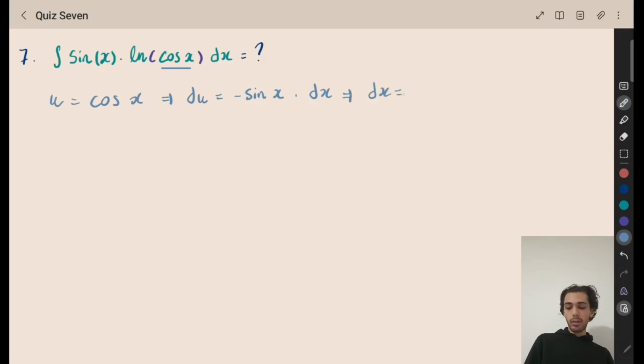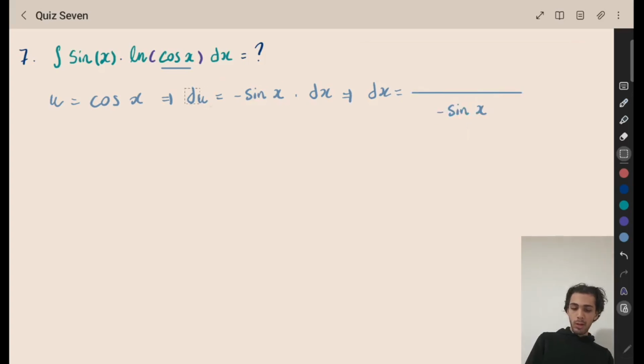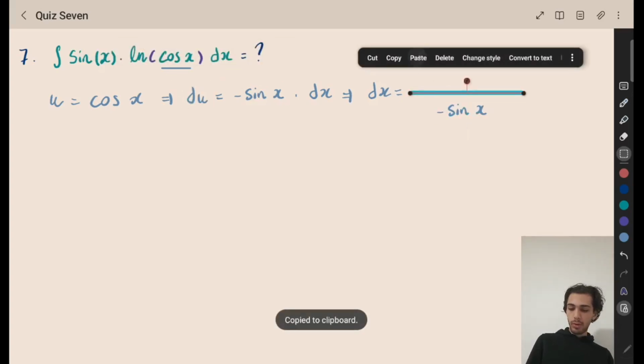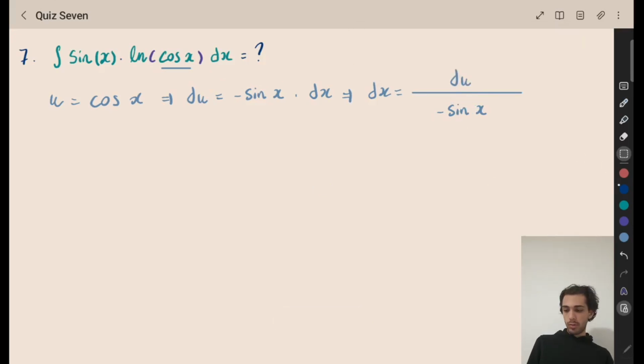So if we would like to replace dx in our integral, then we would get minus sine x on the bottom and du on top. Just solving the equation.